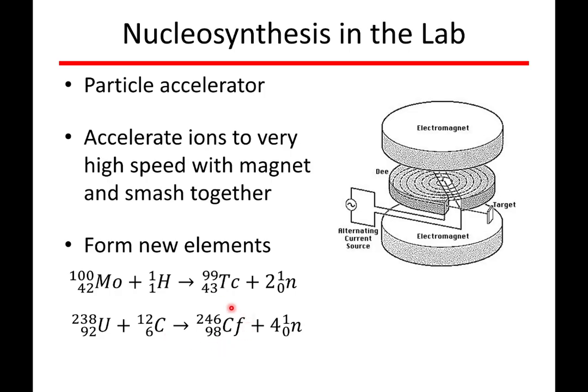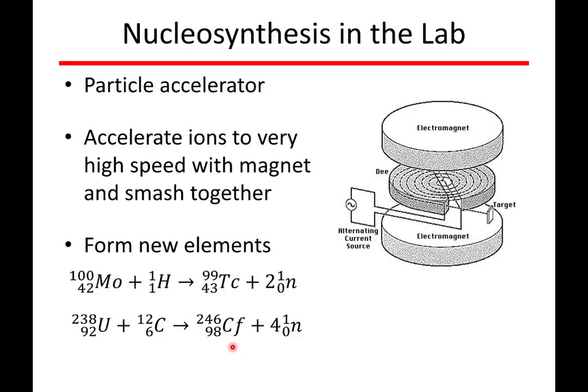So this is a synthetic isotope and a synthetic element that had previously been undiscovered prior to doing these reactions in particle accelerators. And that's how you're able to begin generating new elements that have never been discovered before and start filling in new parts of the periodic table. And at this point now, we've filled in all the way up to element number 118 on the periodic table by doing these reactions in particle accelerators.